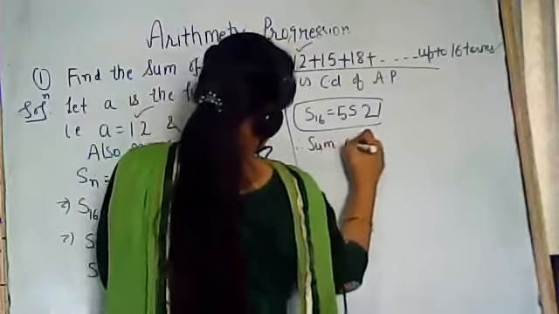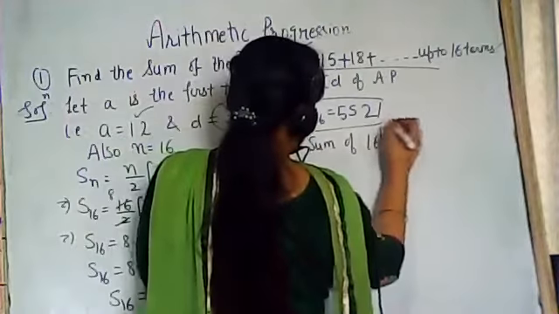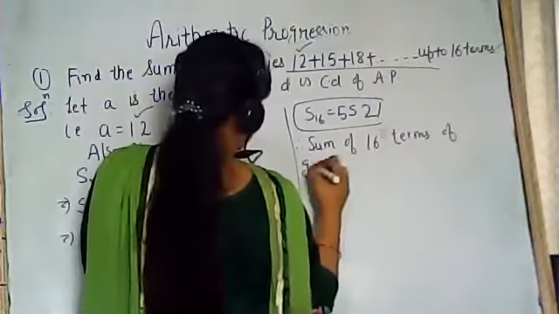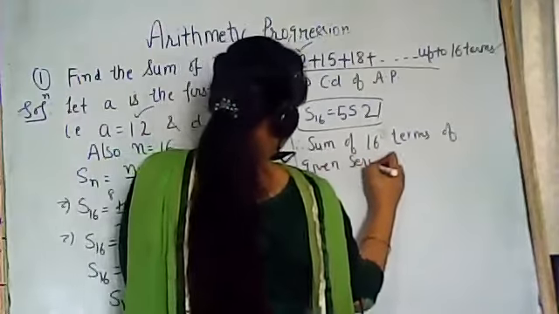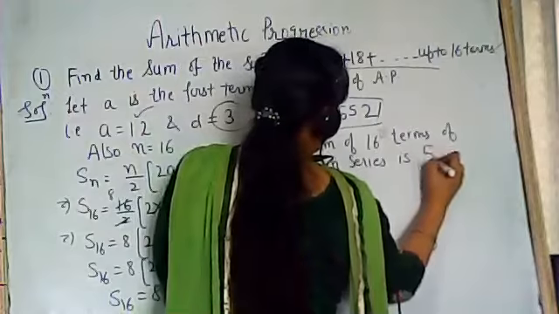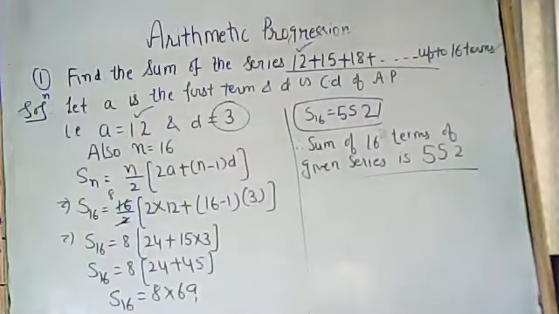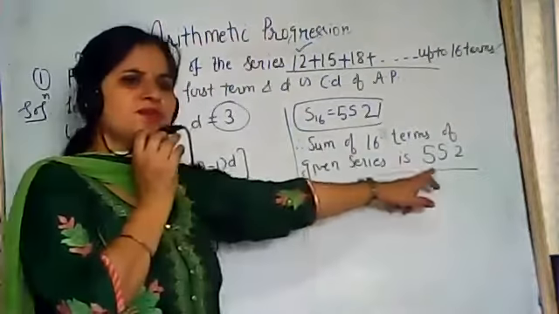Therefore, the sum of 16 terms of the given series is 552.